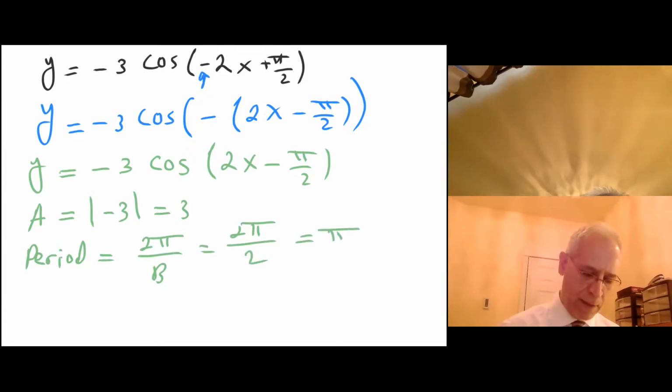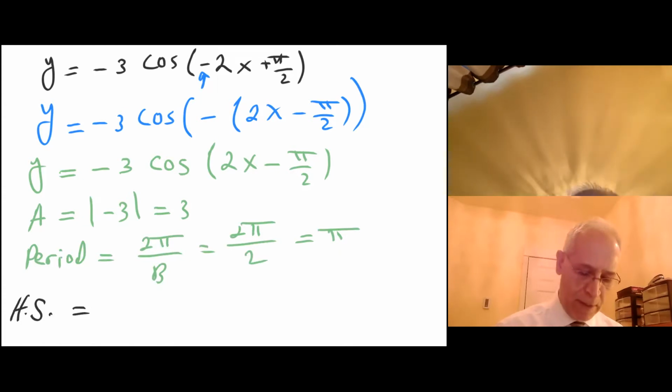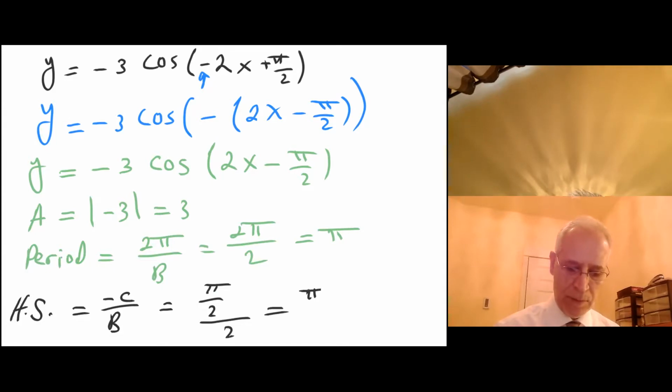And horizontal shift equals the opposite of c over b, that equals minus pi over 2 over 2. So I'm going to write it as the opposite of that, pi over 2 over b, which is 2, and that gives me pi over 4. Just multiply top and bottom by 1/2.